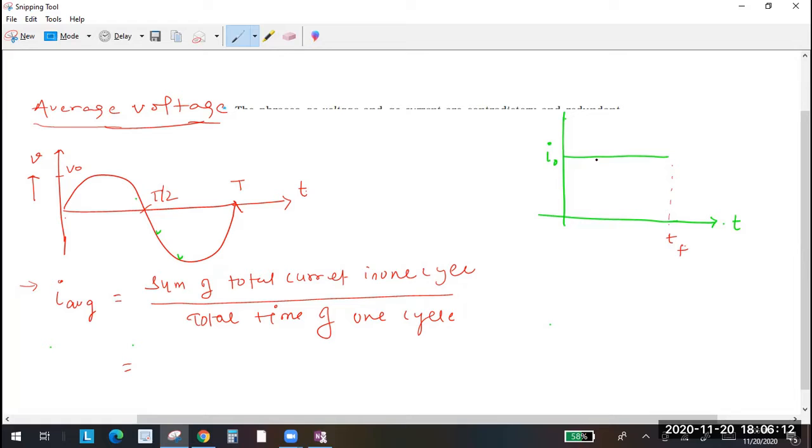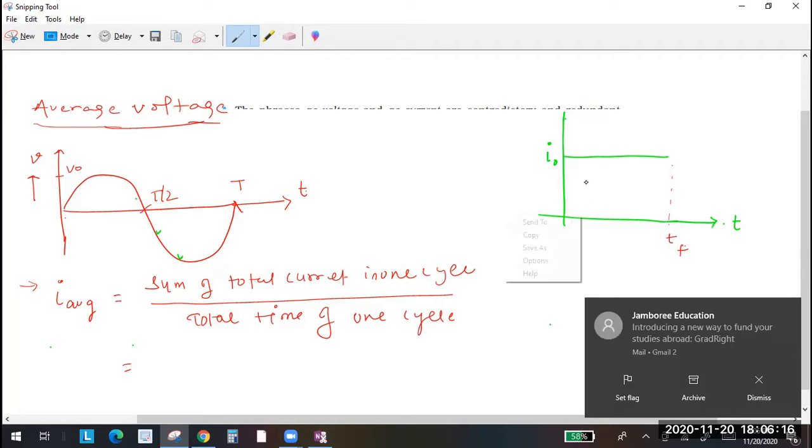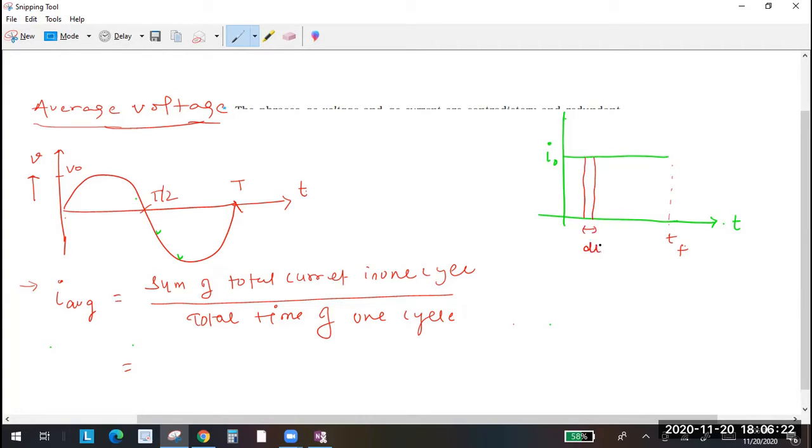So what we do normally in practice is we divide this into a small part. We say this is dt, a small part. If I divide it into a very small part, that becomes dt.